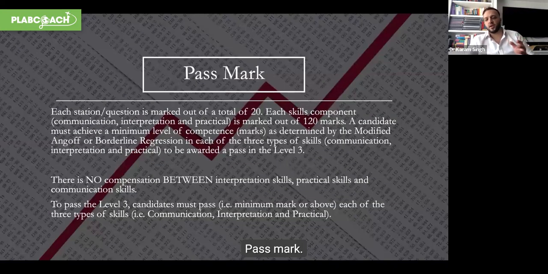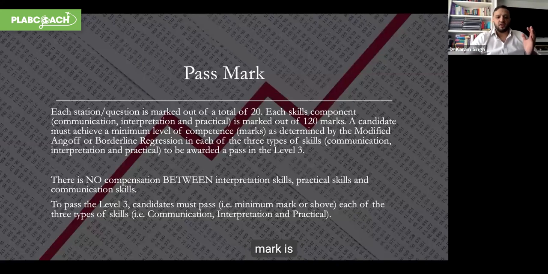Pass mark. Now the pass mark is relatively easy to explain. If you break the exam down into three parts, your practical skills, your communication skills, and your interpretation skills, you have a total of 120 marks for each skill.